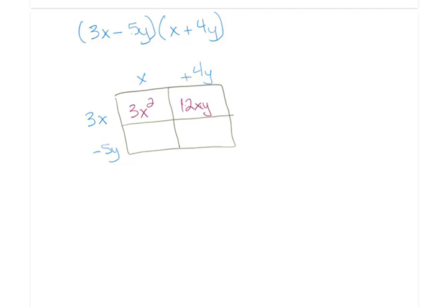And I just put them in alphabetical order, so when I go to combine terms, it's just easier for me to spot. And then I'm going to multiply these guys together, and I'm going to get negative 5xy. Then in my last box, I'm going to get negative 20y squared.